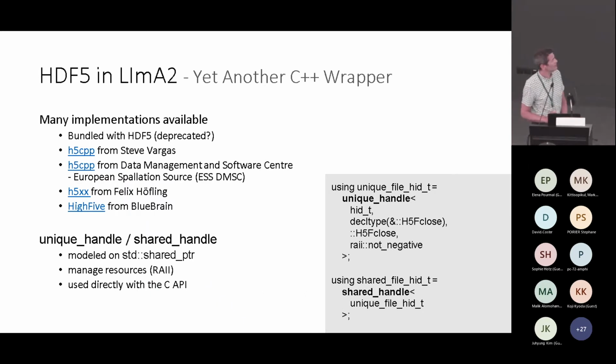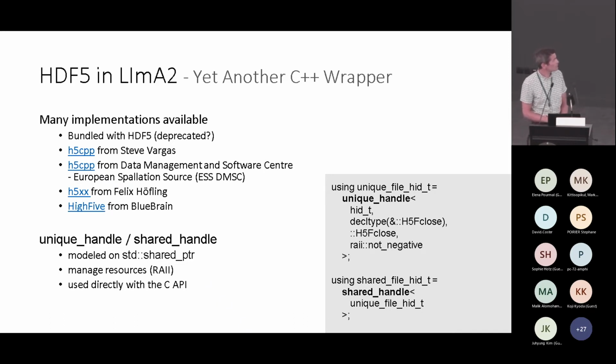I didn't mention that LImA2 is a library which is built on top of MPI. So we are building an MPI application in the end. When we started LImA2, we started from scratch, and we decided to use the latest C++ standards, so C++17, which is available on many architecture platforms.